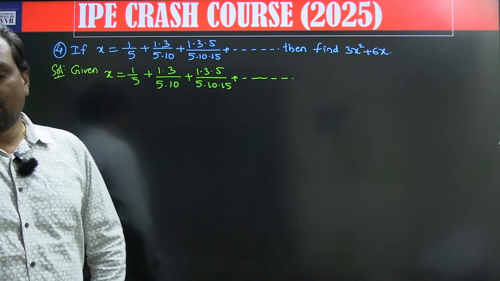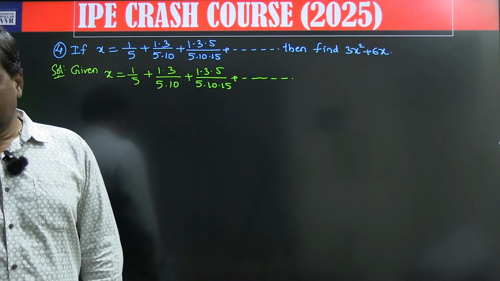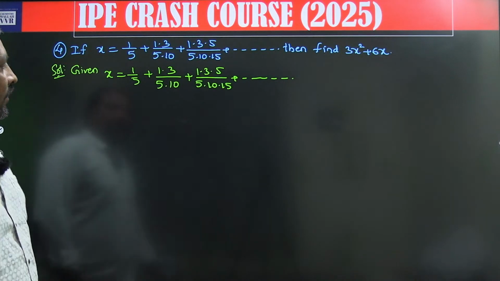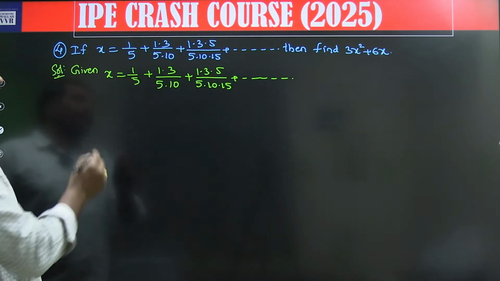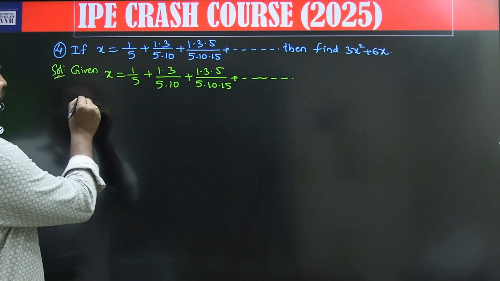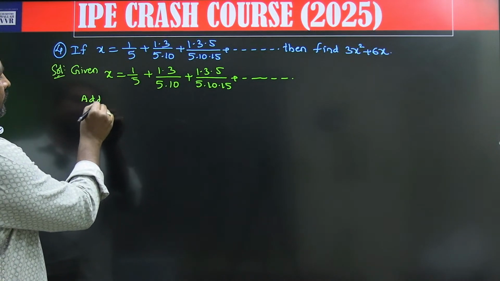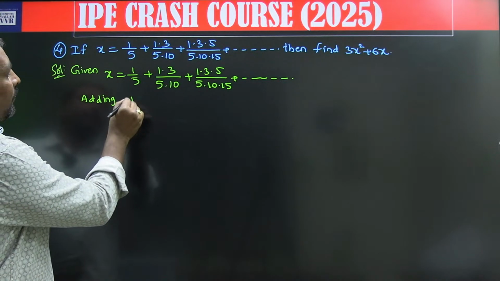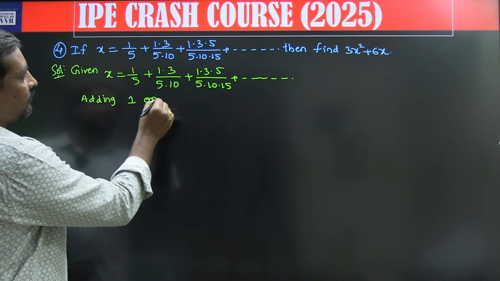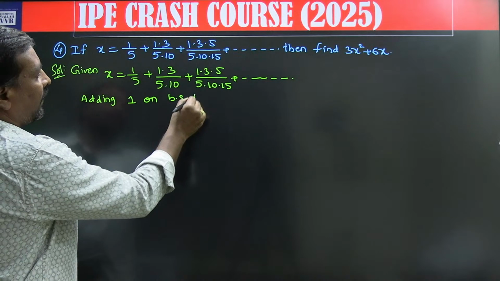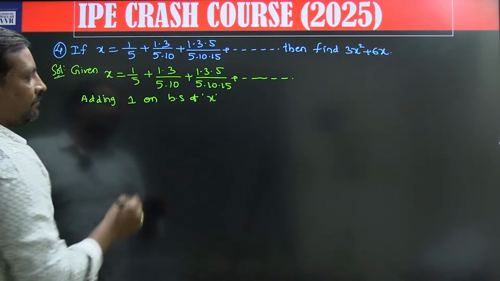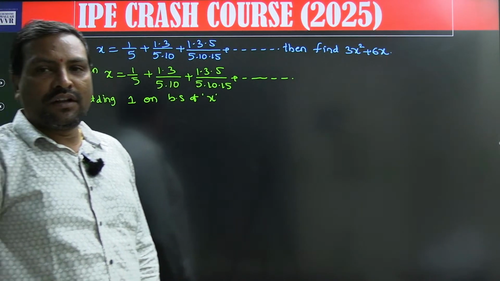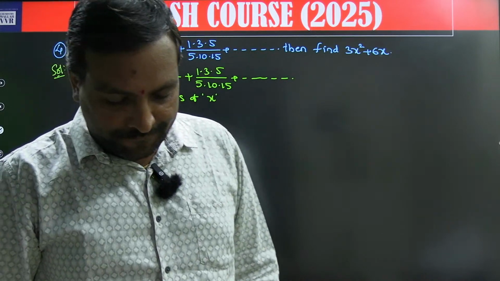The first term is not having the 1, so adding 1 on both sides of x.